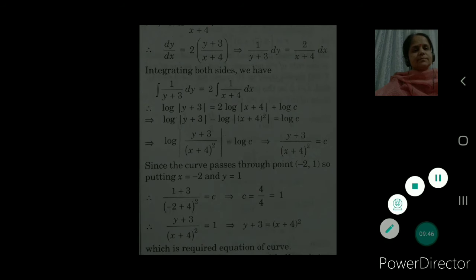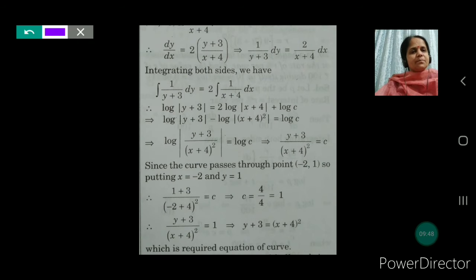Okay. Then simplify, you will get log mod of ((y plus 3) upon (x plus 4) whole square) is equal to log c. Okay. And now log cancels on both sides. So you will get (y plus 3) upon (x plus 4) whole square is equal to c.